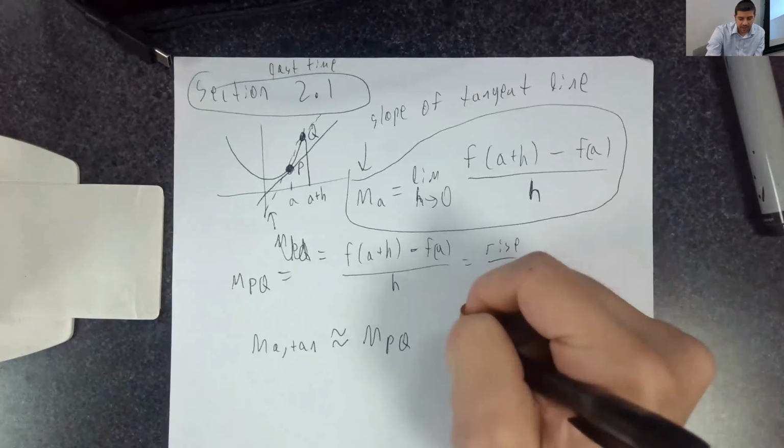So part A, find the average velocity from t equals 5 to t equals 5.1. I think maybe they're doing this in meters, and t is the number of, let's say, seconds.